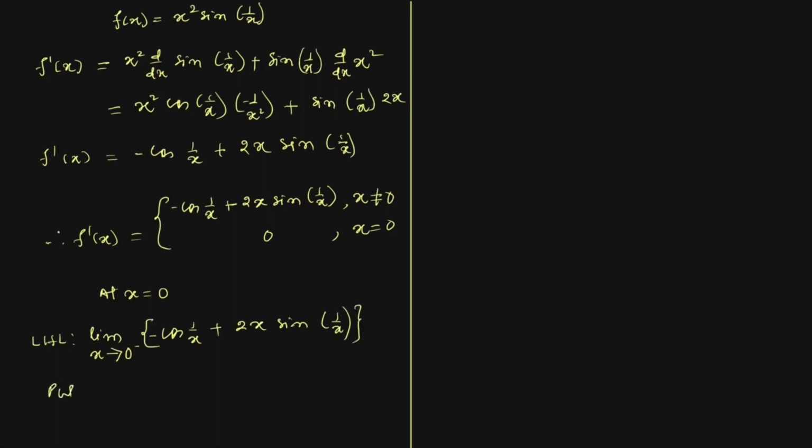So put x equal to 0 minus h as x tends to 0 minus, we are able to write h tends to 0.